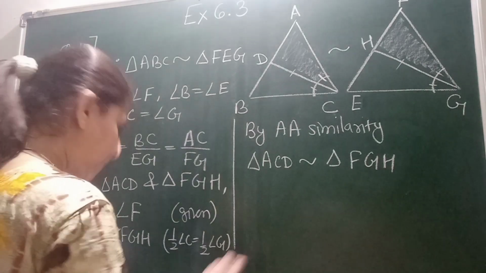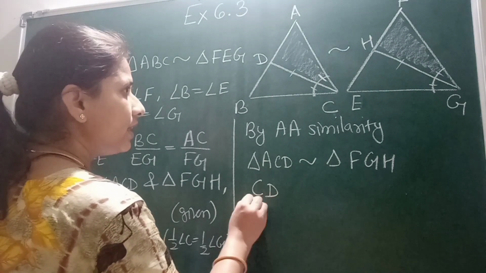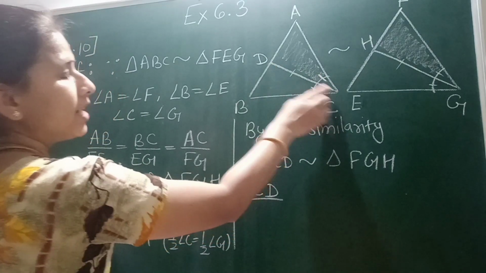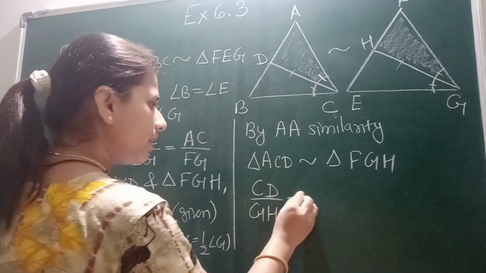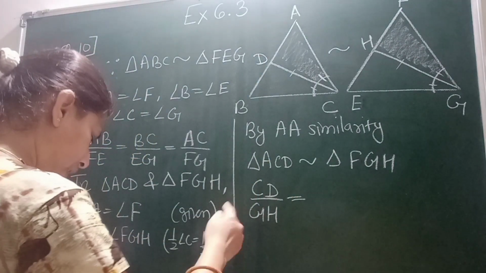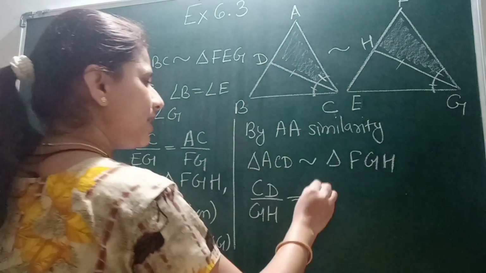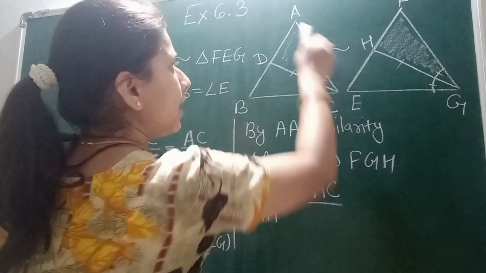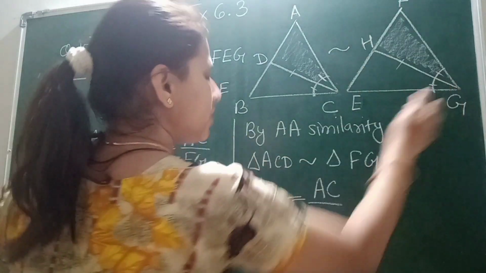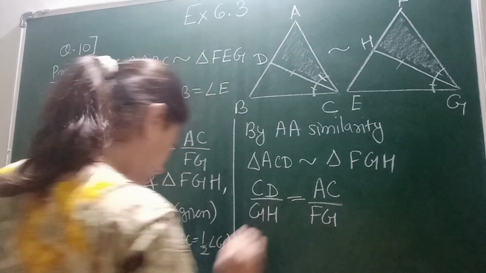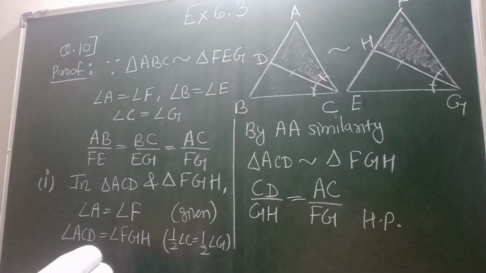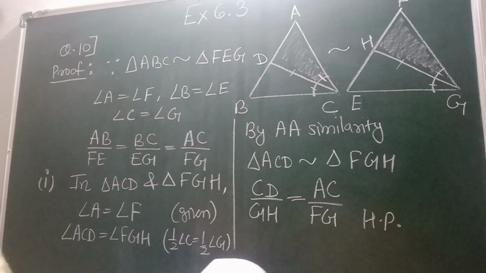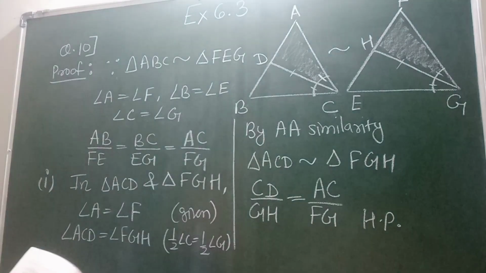We get CD upon GH, the corresponding side of CD being GH, equals AC upon FG. Hence we proved the first part, that CD upon GH equals AC upon FG.